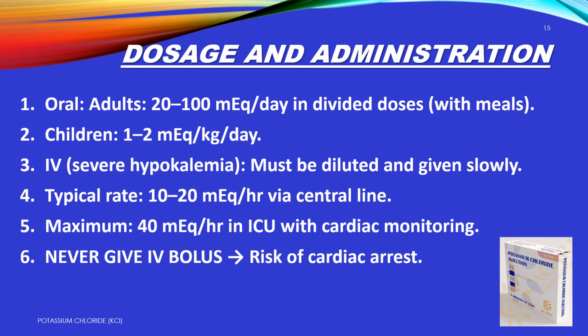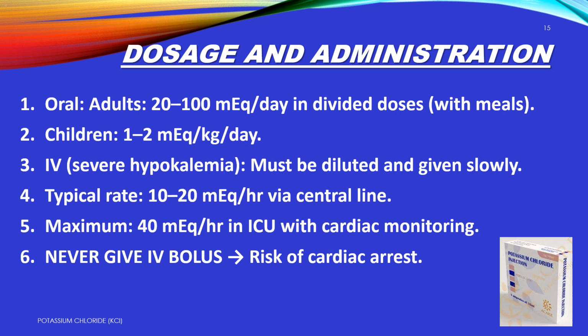4. Typical rate: 10 to 20 mEq per hour via central line. The typical rate of IV administration is 10 to 20 milliequivalents per hour, often given through a central line for safe delivery. 5. Maximum: 40 mEq per hour in ICU with cardiac monitoring.